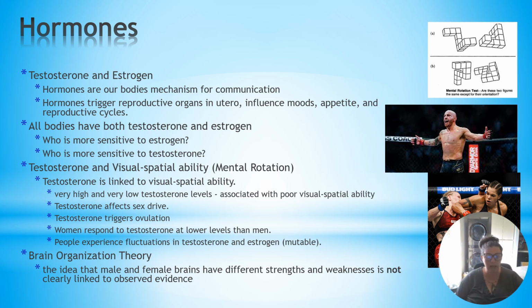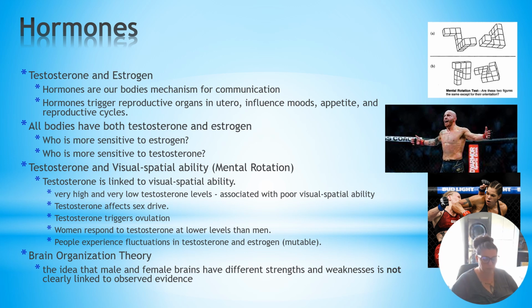And it can impact you in ways that you probably never really realized. So here's a good example of whether you might actually have an idea as to whether you have a high level of testosterone in your body or not, being either male or female. People with either very high levels of testosterone or very low levels of testosterone are associated with poor visual spatial ability.